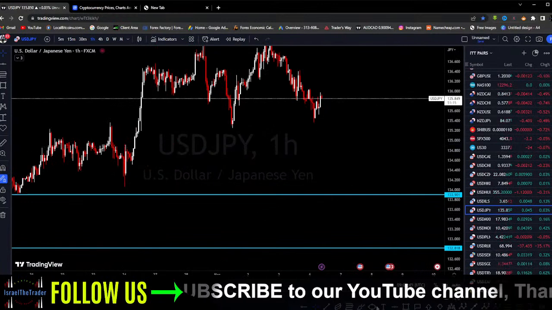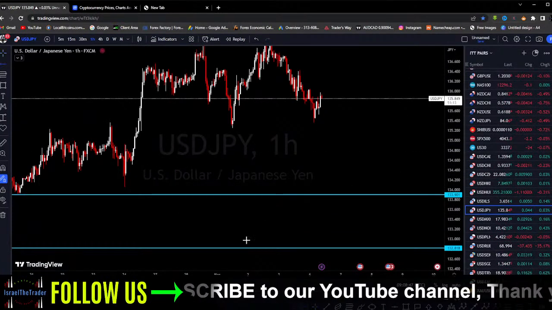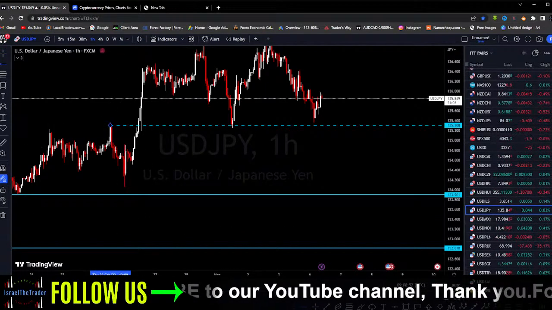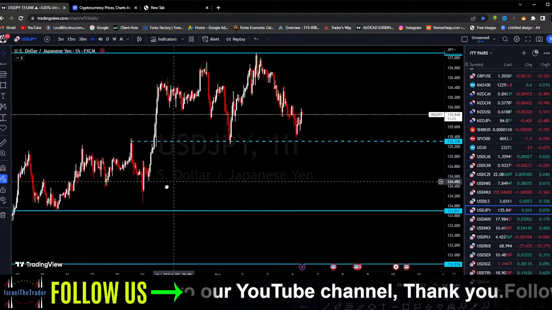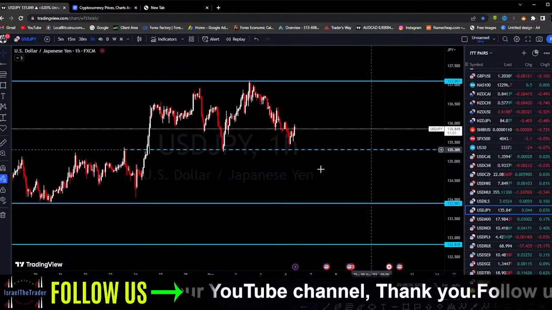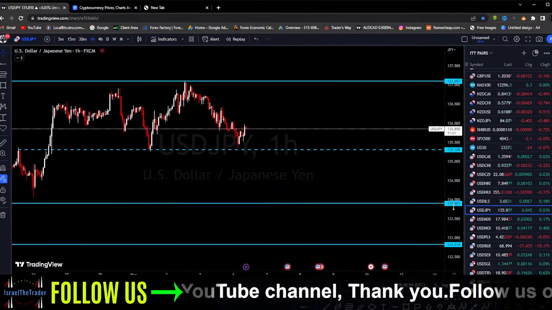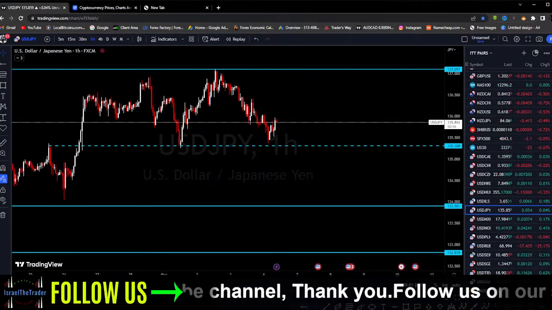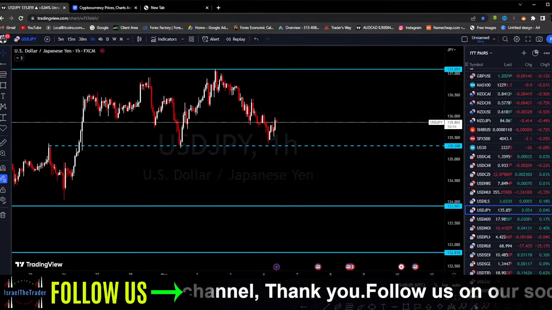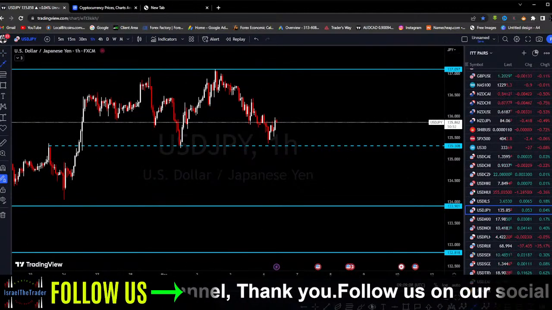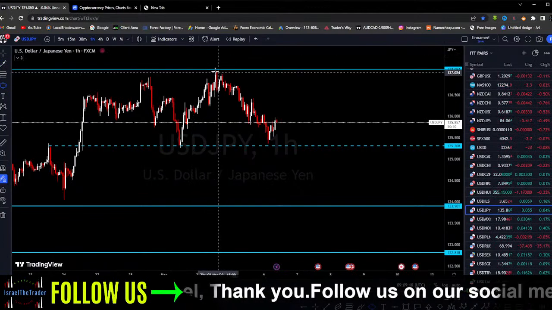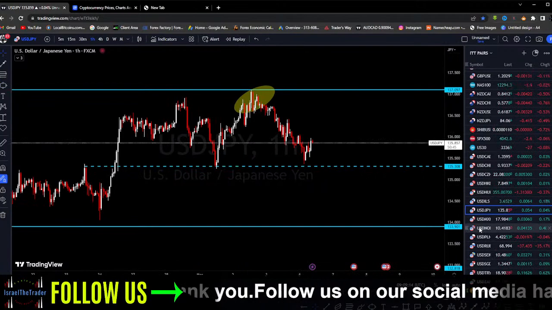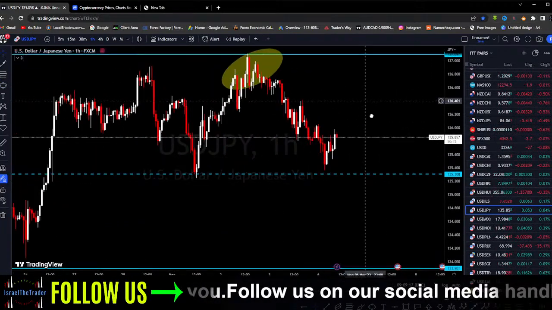And I'm still seeing another level here, which is that. So USD JPY right now, guys, no need to sell this right now. Like I said earlier, it can still go for a retracement, because if we were supposed to sell this right now, this is where we are supposed to get in, right here. That's where we are supposed to get in on USD JPY.